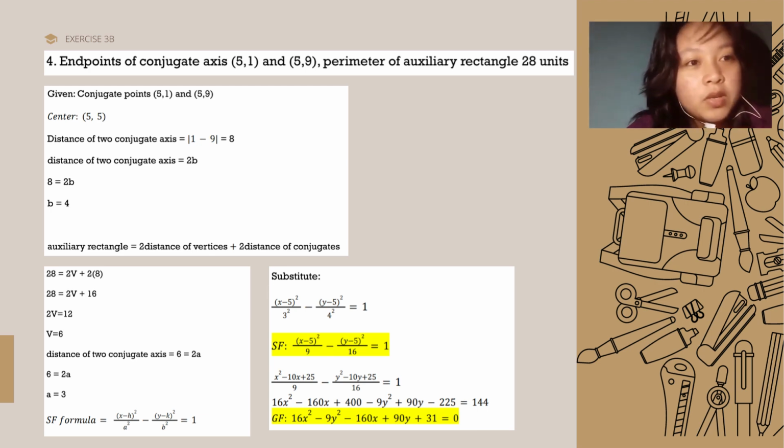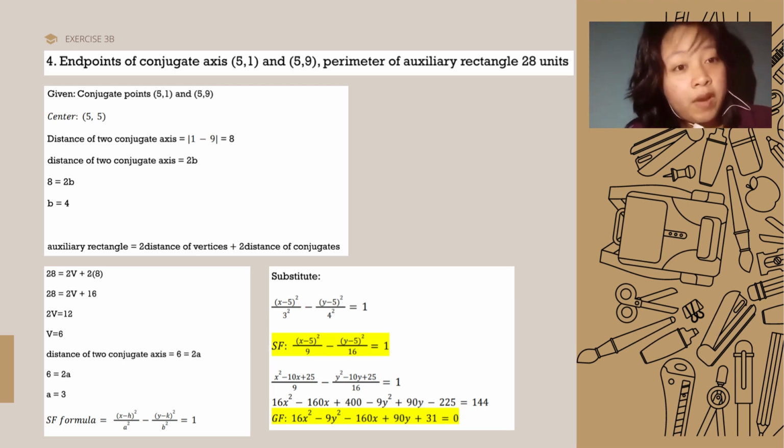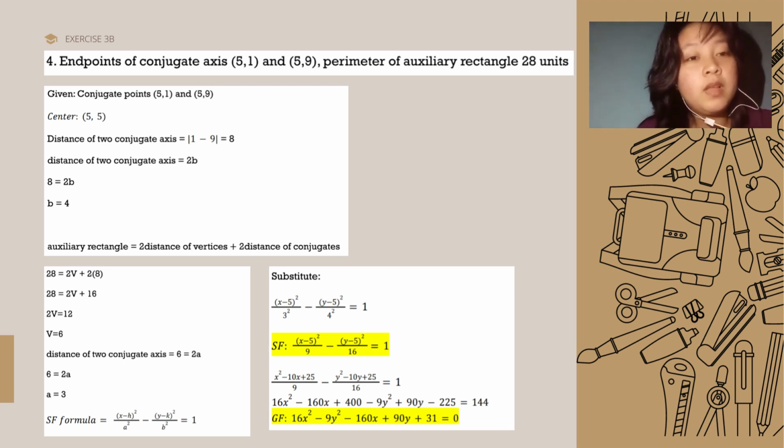So, ang magiging solution dito ay yung (x minus 5) squared, i-solve natin siya, which is ang kakalabasan ay x squared minus 10x plus 25 over 9 minus y squared minus 10y plus 25 over 16 is equal to 1. So, cross multiplication, 16x squared minus 160x plus 400 minus 9y squared plus 90y minus 225 is equal to 144.